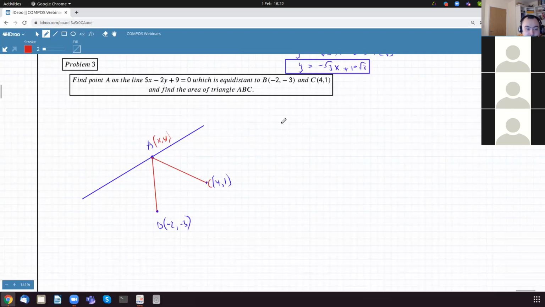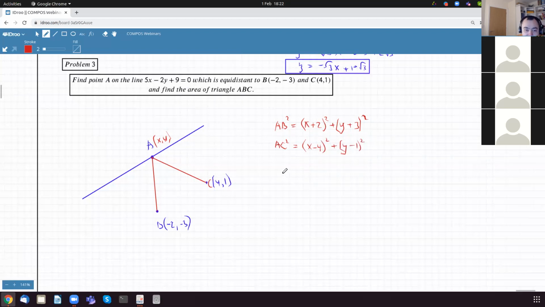The distance AB squared is equal to x plus 2 squared plus y plus 3 squared, and AC squared can be written as x minus 4 squared plus y minus 1 squared.